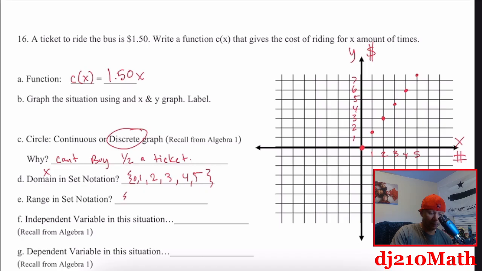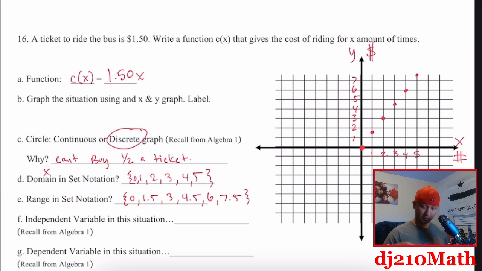The range is going to be all the y values. So this is going to be 0, 150, 300, 450, 600, and 750. So that's the range.